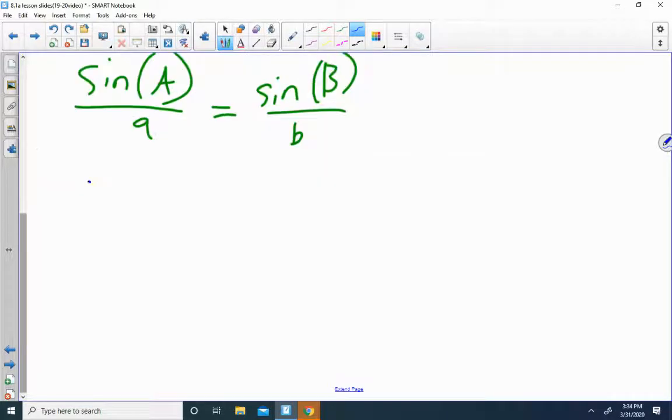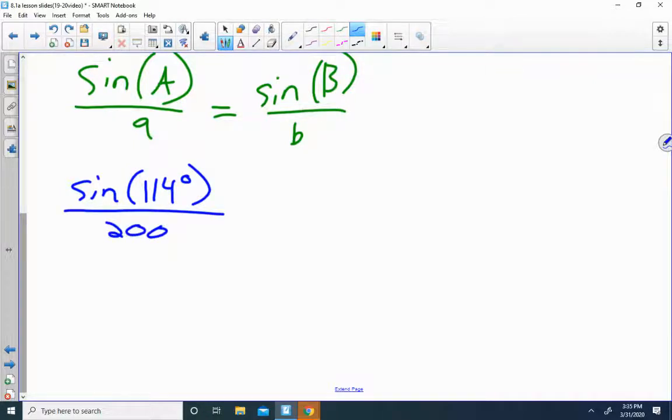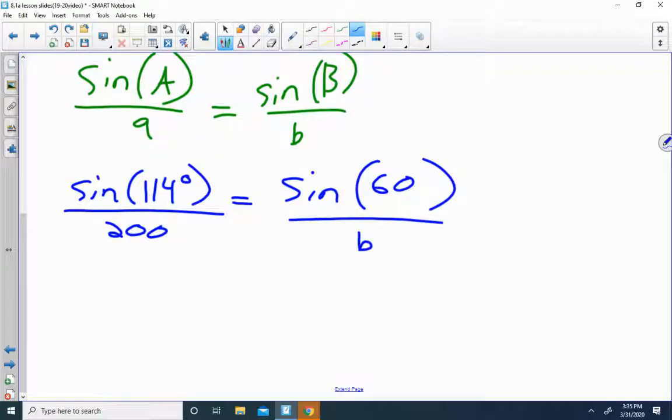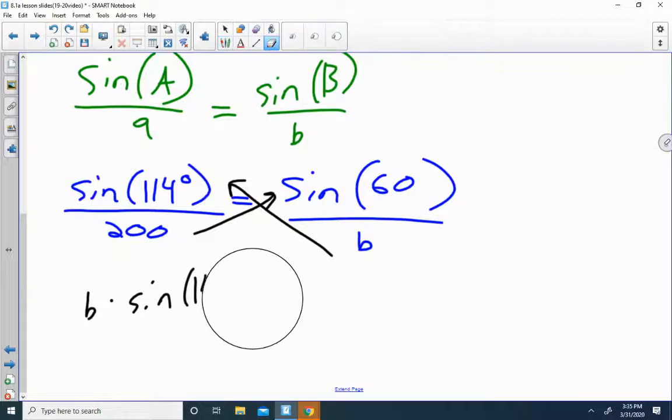Okay, so we're going to have sine of 114, and then little a was 200 yards. Big B, or sine of big B, was 60, and then divide by little b. Cross multiply and go from there. So here we have b times sine of 114 degrees.